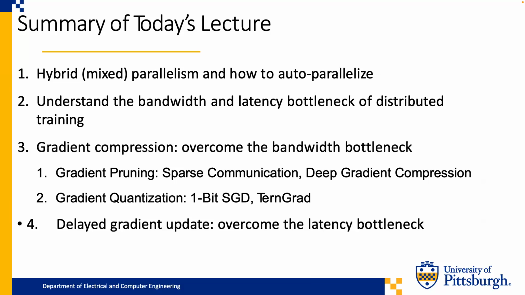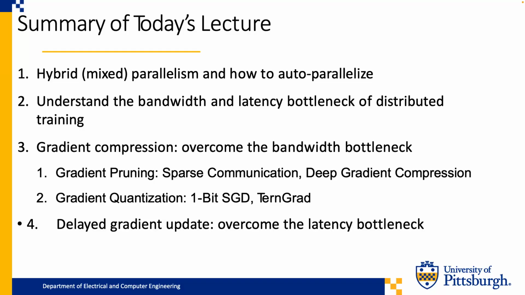So to summarize, in today's class we talked about how to automate the parallelization. We talked about this work that tries to automate the pipelining, the intra and inter parallelization. We talked about bandwidth and latency.